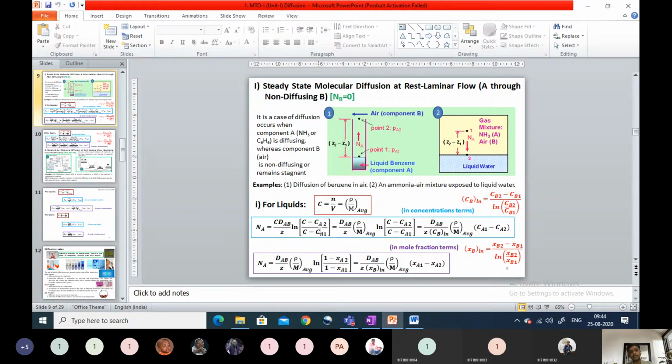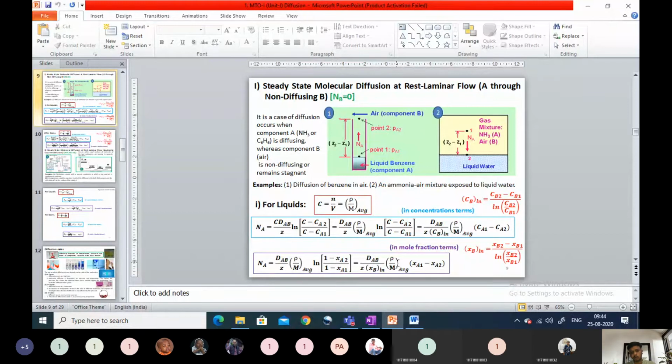If not, we have to take some basis and then convert that mole percentage to some concentrations. So that will be somewhat clumsy, so we don't have to go for that much complex route. So we can use this equation: NA is equal to DAB by Z, rho by M average, ln of 1 minus XA2 by 1 minus XA1. So this one we can use.